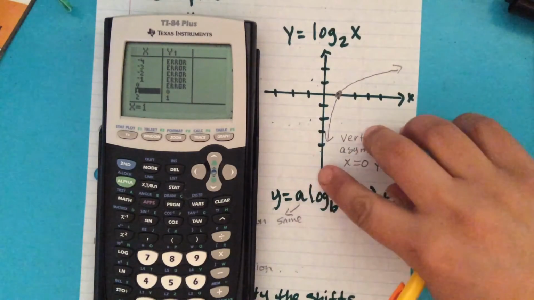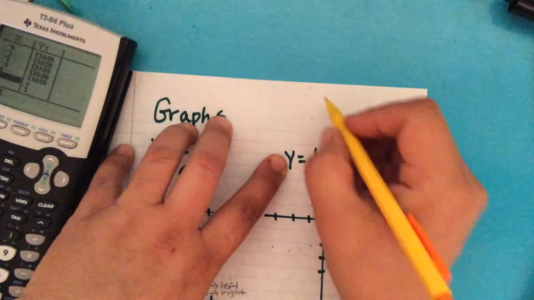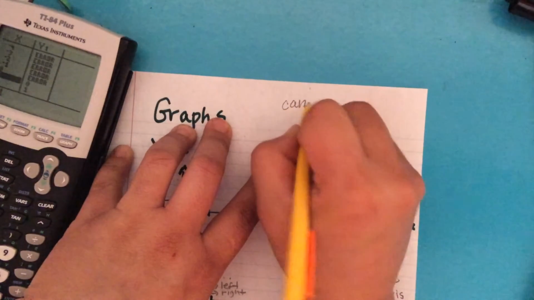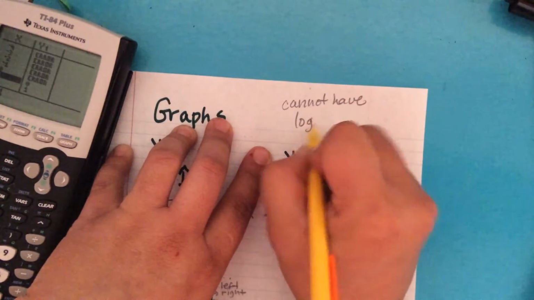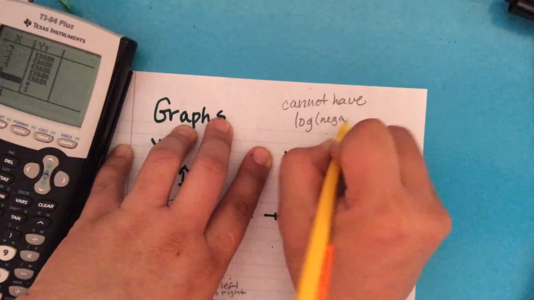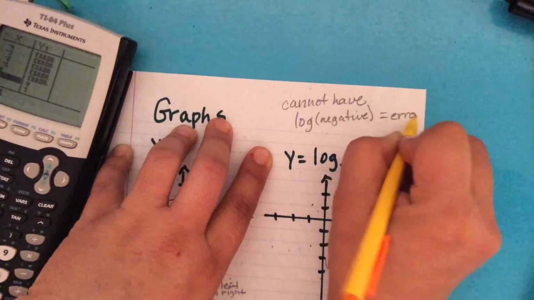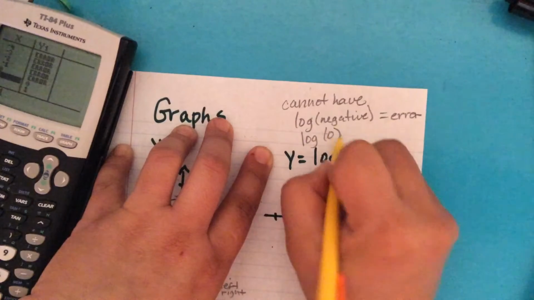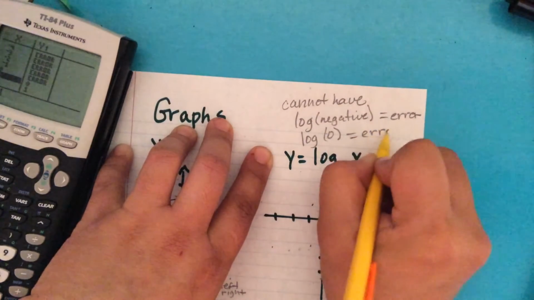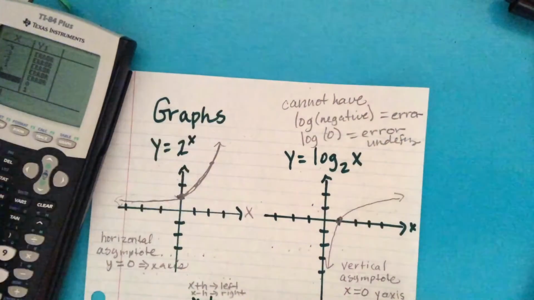Okay, so then for any logarithm, you cannot have a log of a negative number. That equals error or undefined. Or the log, or even the natural log as well, of 0. That's an error or undefined. And you can even try it right here.